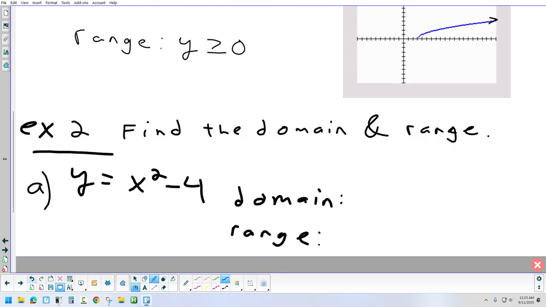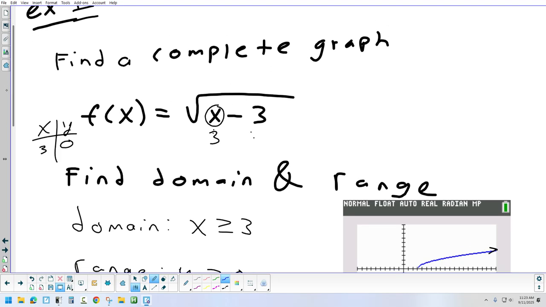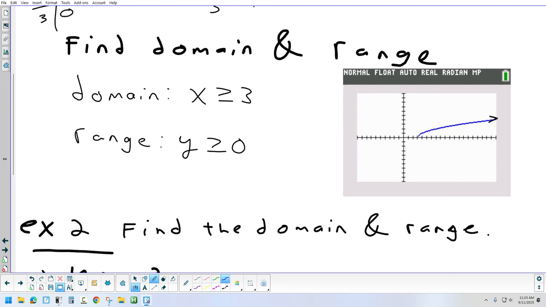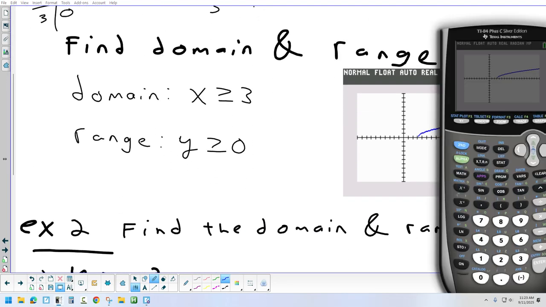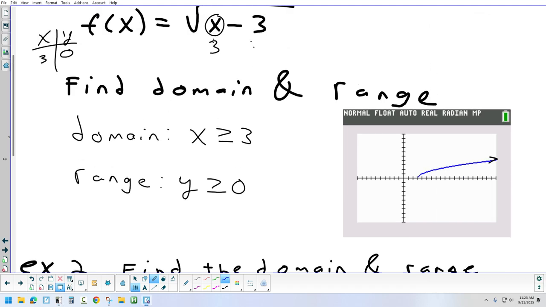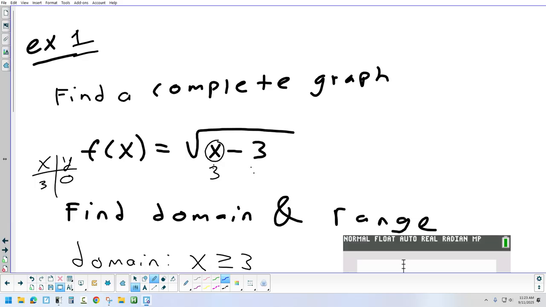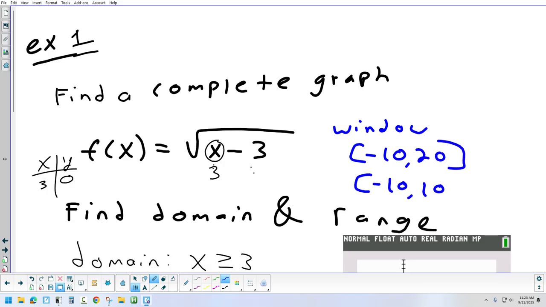All right, let's try this one. Find the domain and the range. Oh, I still didn't write the window down for the last problem. So the window was -10 to 20 and -10 to 10.